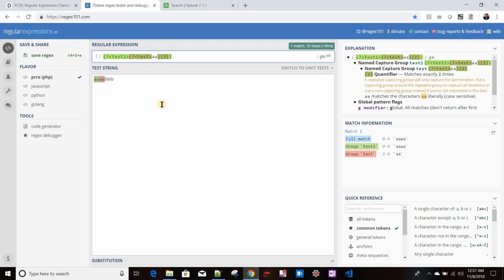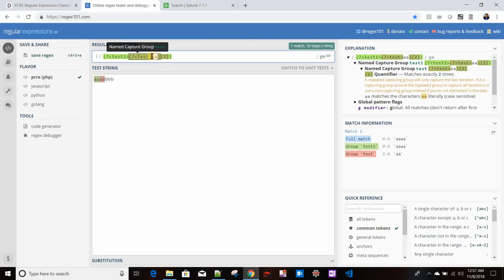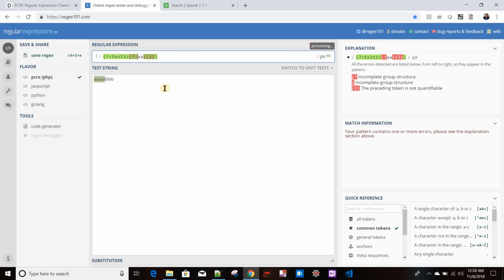For the named group, as I showed you earlier, you can back reference it using this one, match the named group, you can call it again. But for a non-capturing group, you cannot call it again. So to do that, I can just do something like this.